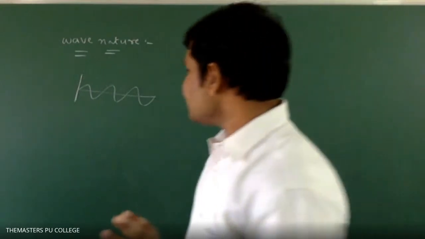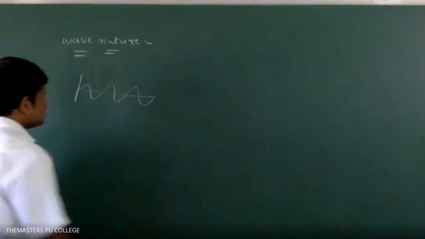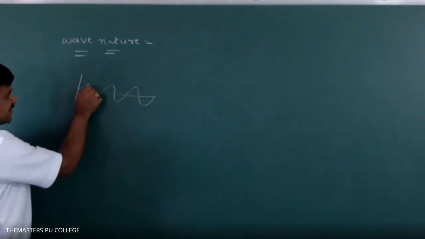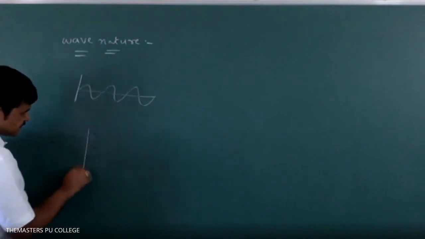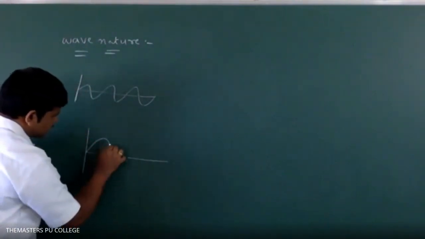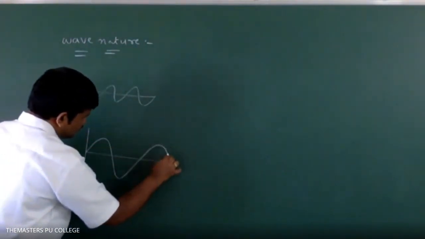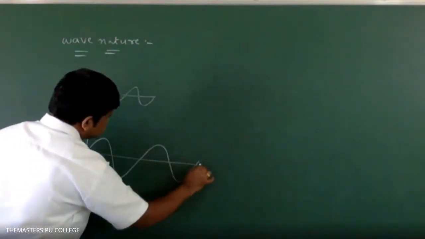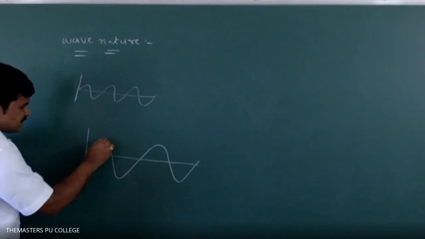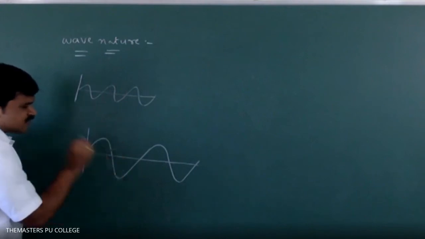First of all, what is wavelength? Do you know what is wavelength? Very simple. Here I am drawing a wave in somewhat elaborated form, like this. Here this is the up wave, this is the down wave.